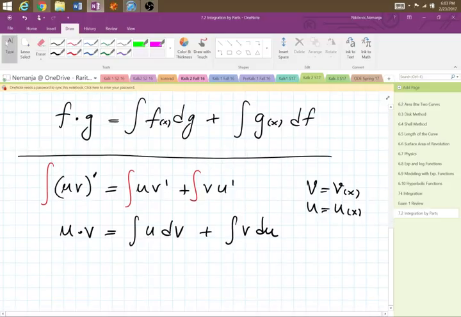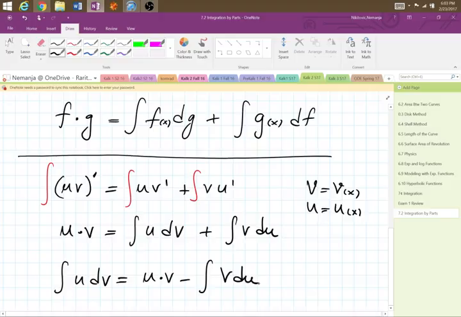So what is the integral of this? We are going to now rearrange this and make it into integral of u dv is equal to u times v minus integral of v du.